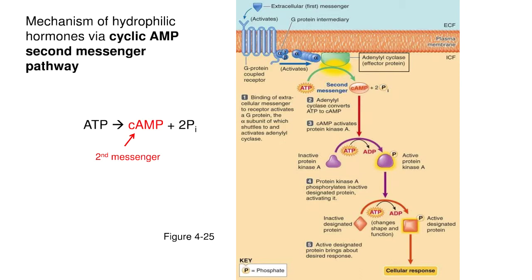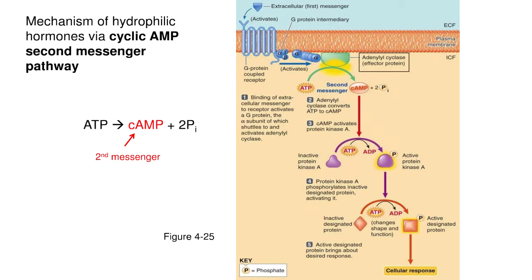So it's the first messenger. It binds to the outside. Okay. What it's going to do then, once it binds, is cause the G protein complex to dissociate. And in this case, it's the alpha subunit that dissociates. In a different cell with a different receptor complex protein or with a different hormone receptor combination, it might dissociate the gamma.